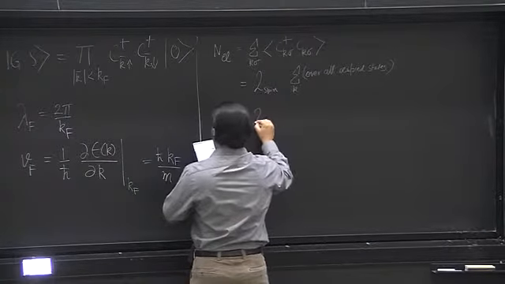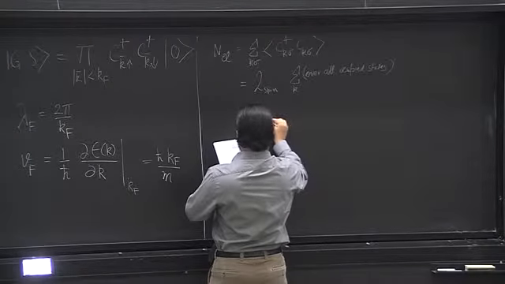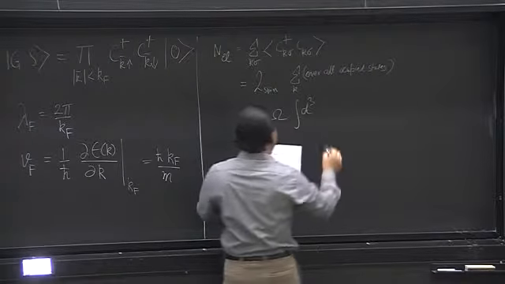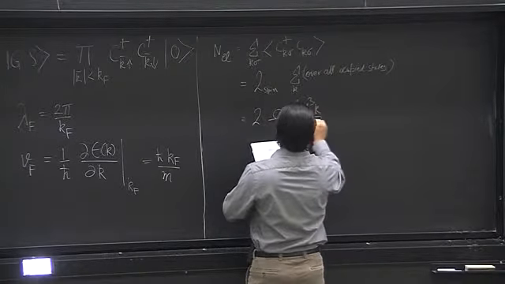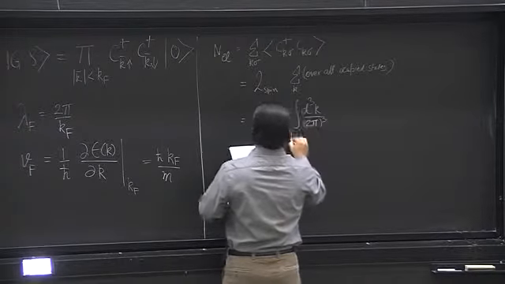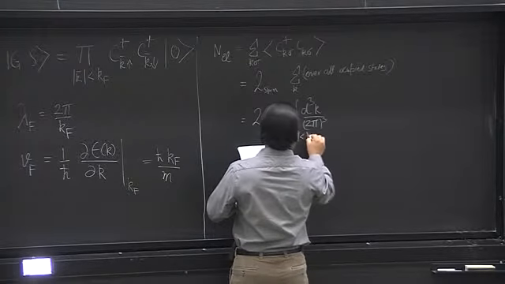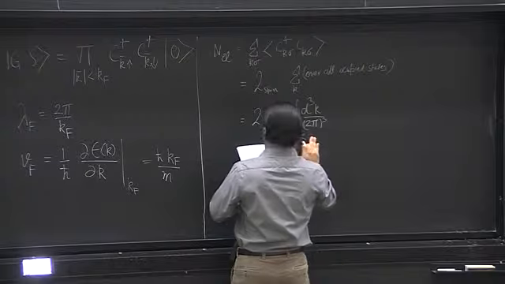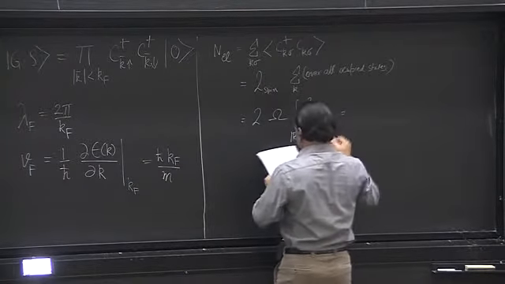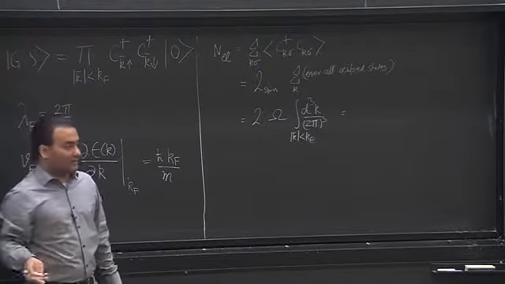Now this sum over k can be converted into an integral over momentum. What we are integrating is essentially 1. So essentially, we are calculating the volume in momentum space.